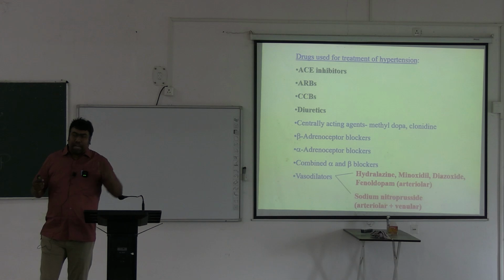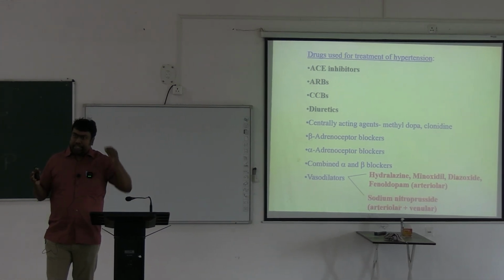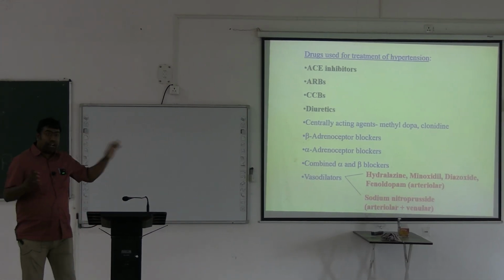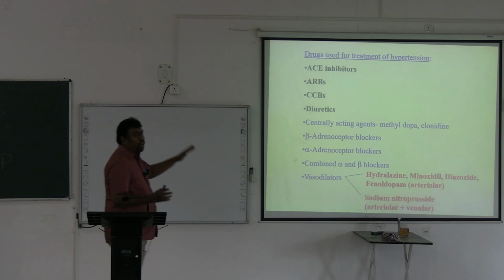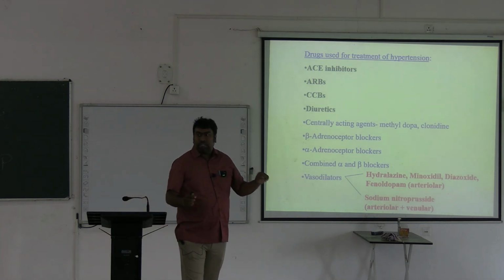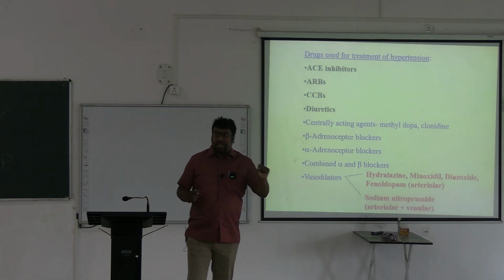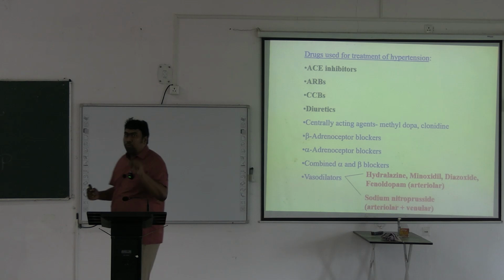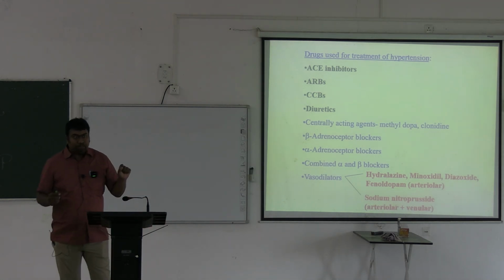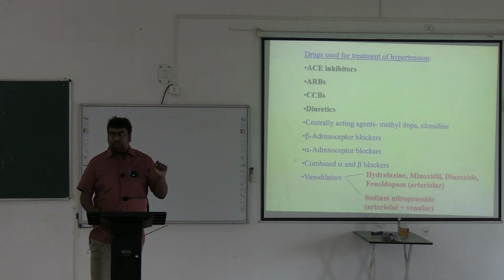What are the different types? Diuretics are covered. Which type of diuretic is primarily used for hypertension? Thiazide. Very good. What is the role of loop diuretics in hypertension?